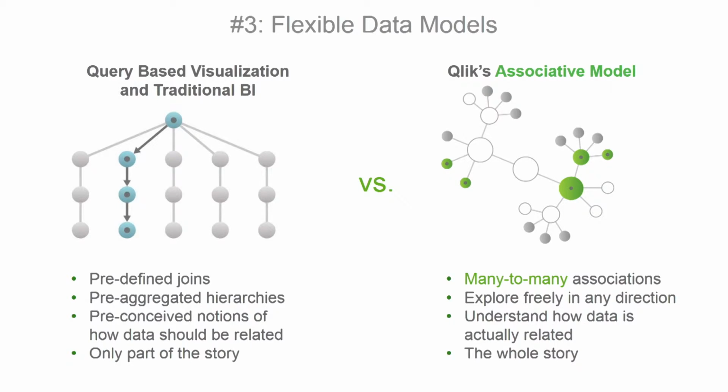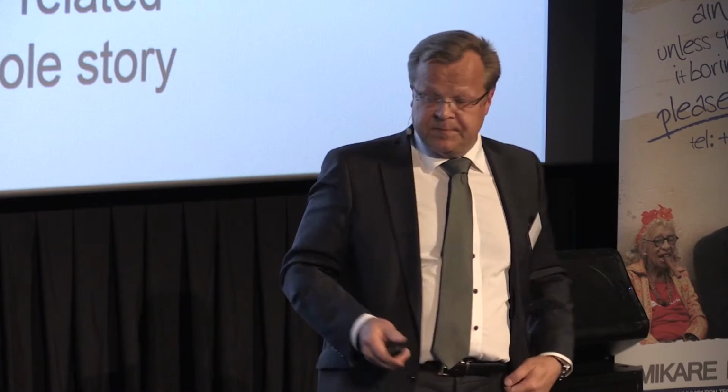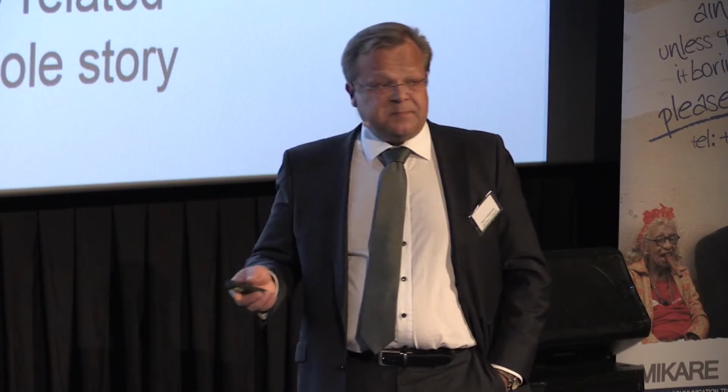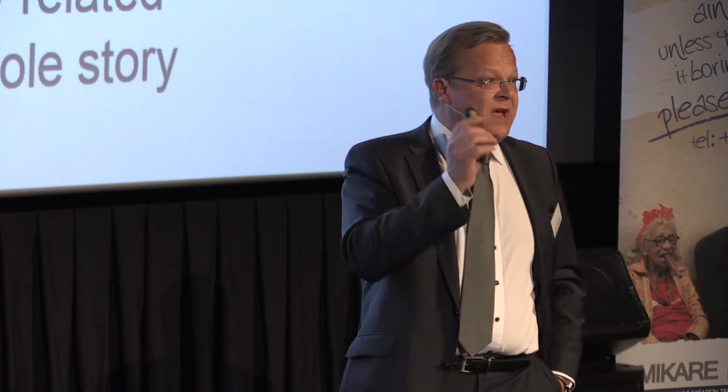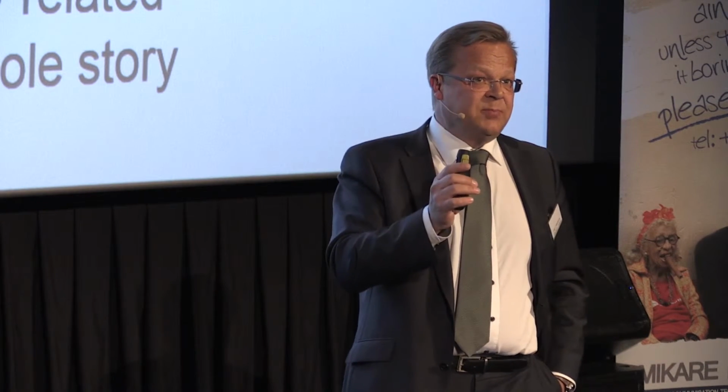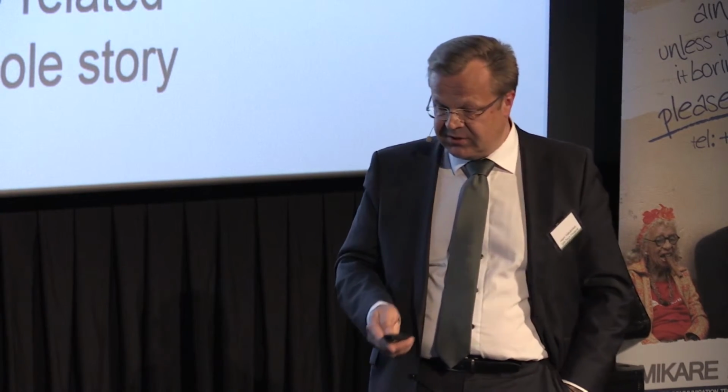For instance, if you see that somebody has been entering your site or you're running a marketing campaign, you can see how this particular marketing campaign possibly affected another group of people or something else. So nothing is predefined, everything you see is selectable and you can make selections.